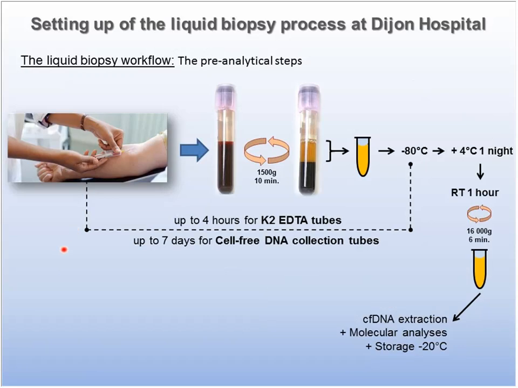Here is a representation of our liquid biopsy process. So the time between the blood sampling and the preservation at -80 degrees is very important. For EDTA tubes, we have to limit this time to 4 hours, and most of the times, it's about 1 or 2 hours.